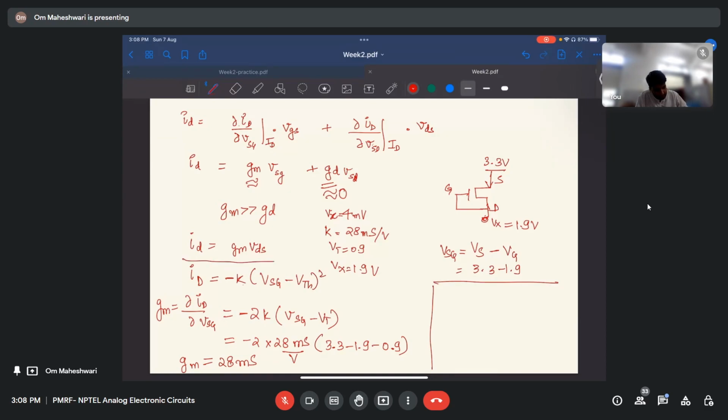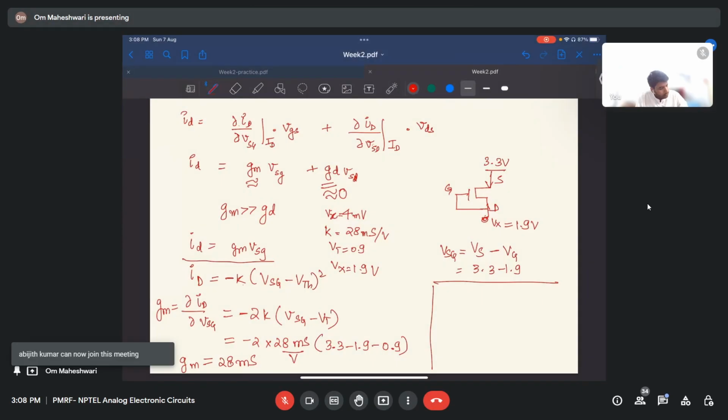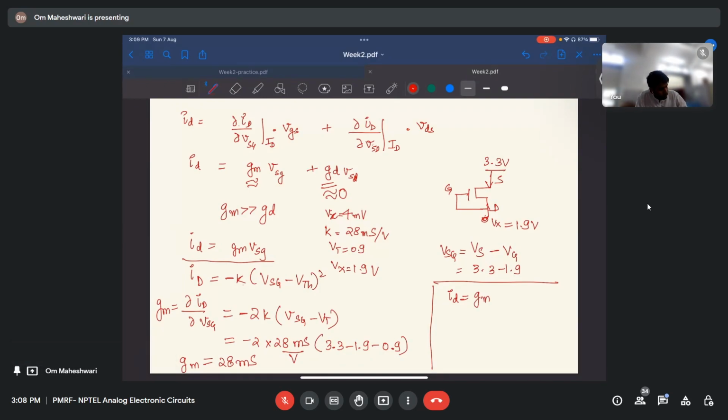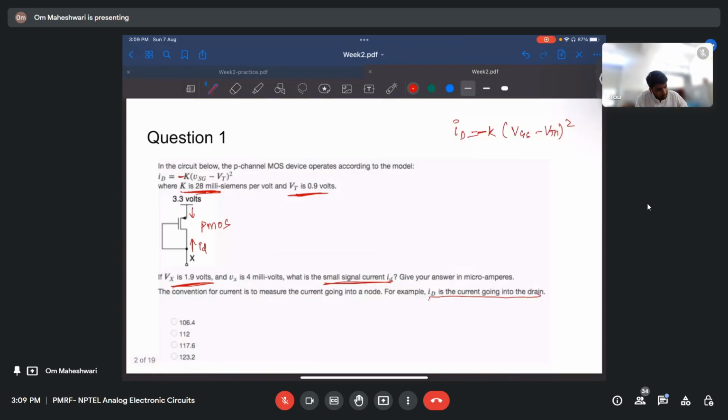Now this was our ID, right? Okay, I had written it wrong. ID equals GM times small vsg. That is the small signal, and it is given that a small signal is applied. Vx equal to 4 millivolts of small signal is applied.